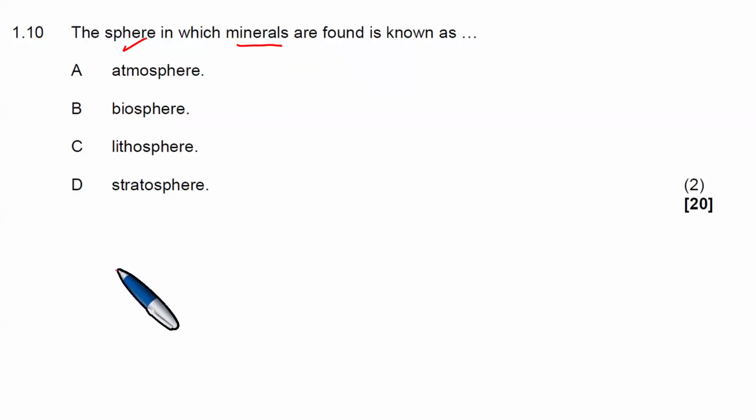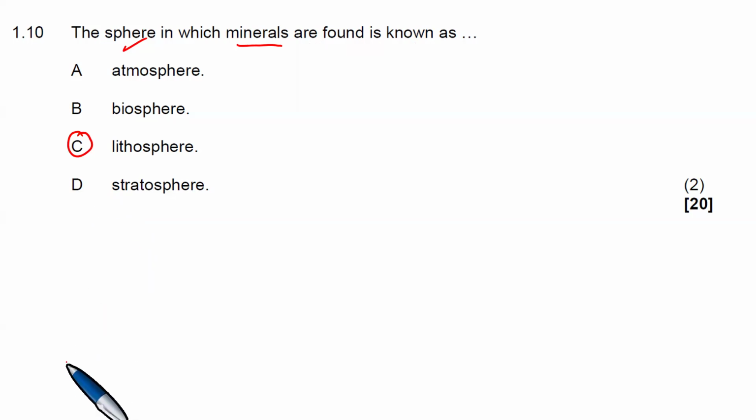Anyone home? Where do we find minerals like gold, silver, platinum, diamond, you name it? In 1.10, we find them in the lithosphere.